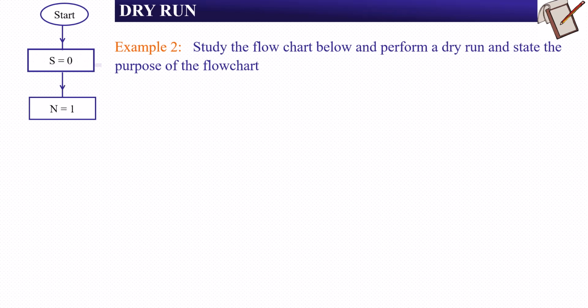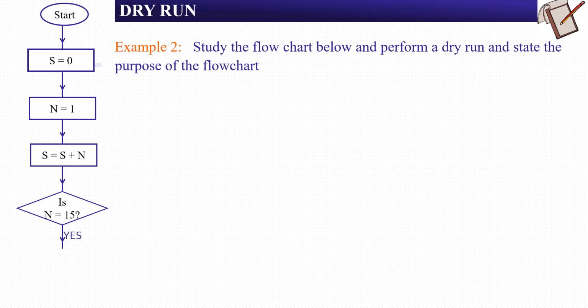Let's look at our next question. Example 2 says, study the flowchart below and perform a dry run and state the purpose of the flowchart. It starts with the value of s as 0, the value of n as 1, and then s becomes s plus 1, and then is n equaling to 15?